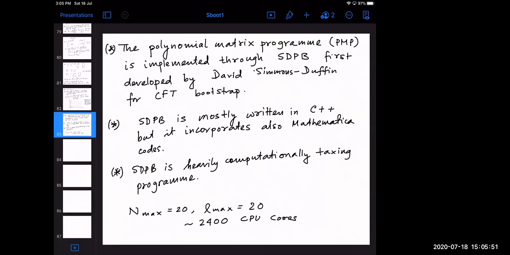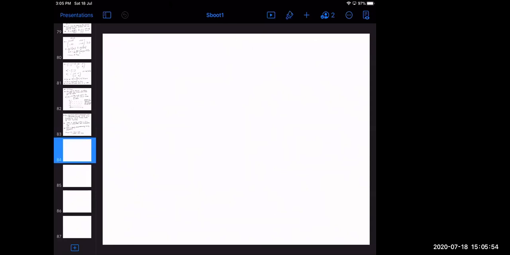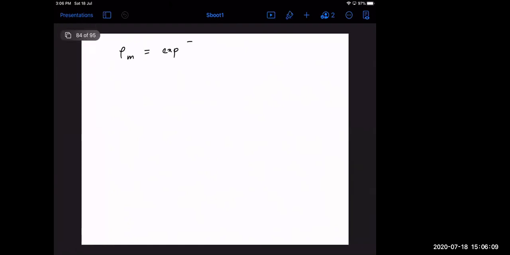So they chose a grid of rho M, so they chose rho M to be almost uniform in the disk, from the boundary of that disk.